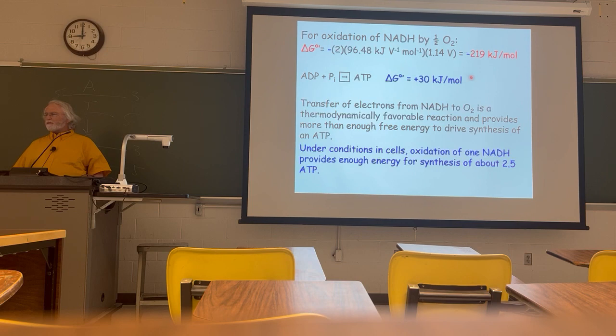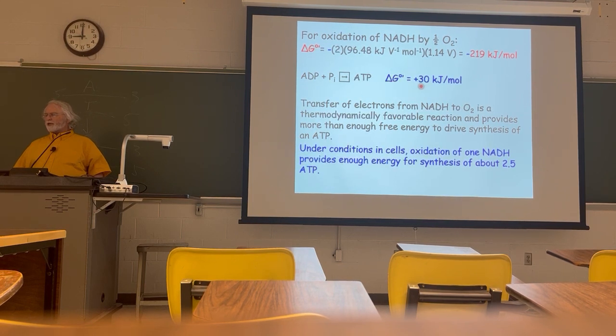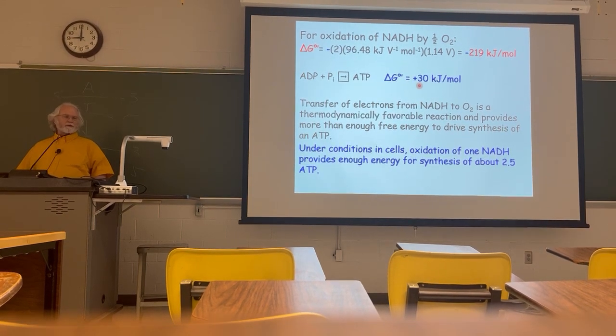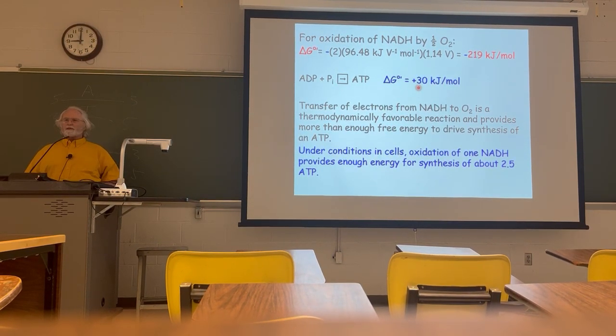So we get minus 200 as standard free energy change for the oxidation of 1 NADH. For making an ATP from an ADP and a phosphate, that standard free energy change is about plus 30. So it requires an energy input to phosphorylate ADP to make ATP.